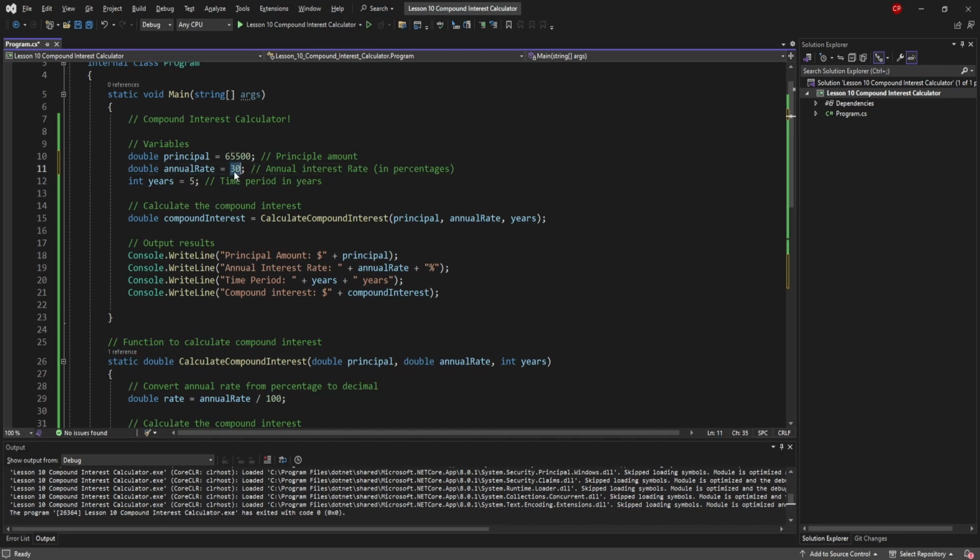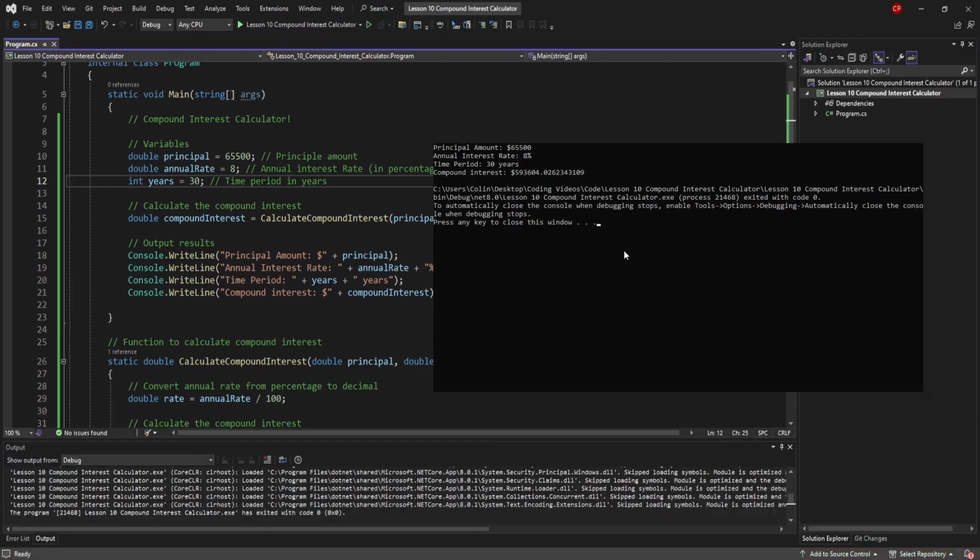Annual rate, I don't remember. Let's just say 8%, and years, we're going to say 30. So let's look at what a $65,000 loan at 8% over 30 years would cost us. It's not going to be pretty. Look at that number. Isn't that insane?